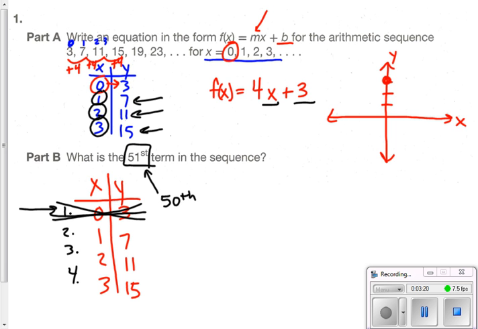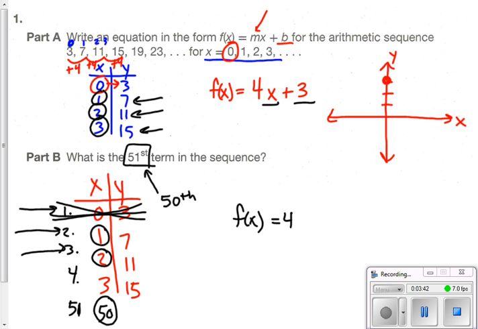Look right here. Here's term 2, which is essentially, I can put in a 1. Term 3, which essentially is a 2. So when I figure out my 51st term, it is really the 50th term. So I can put in 50 for x. And here's that equation that we have, 4x plus 3.